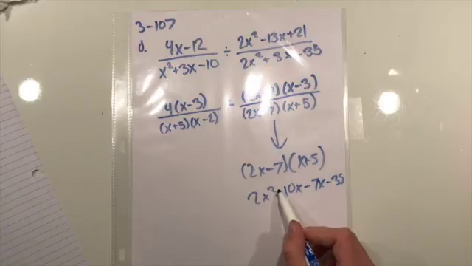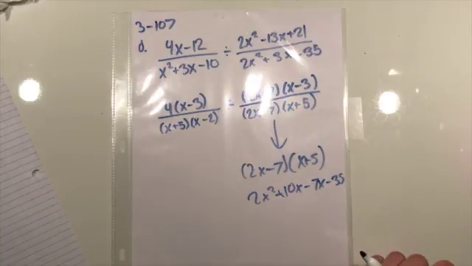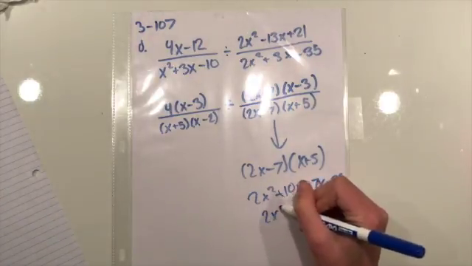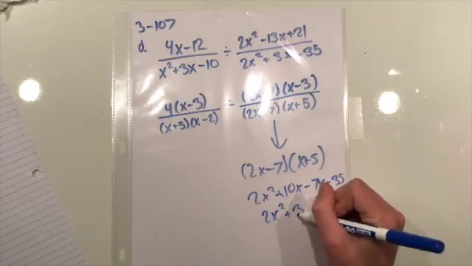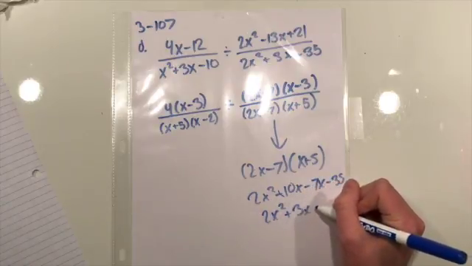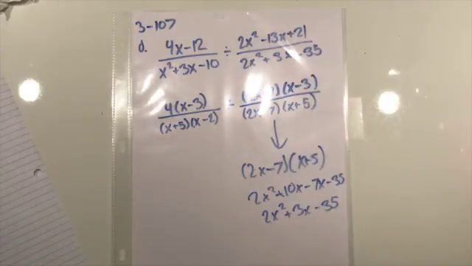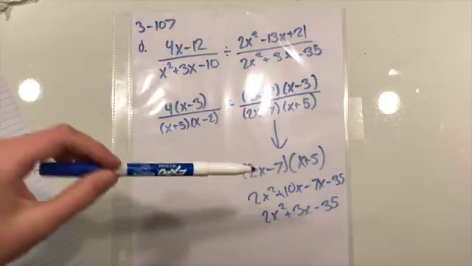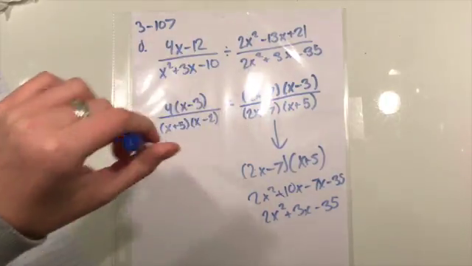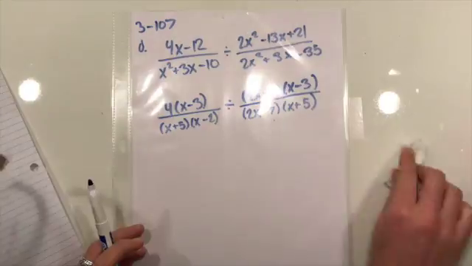Then we simplify again: 2x squared plus 3x minus 35, and that's the same. Earlier in algebra, we learned how to factor these, so I'm just showing how to check the work.